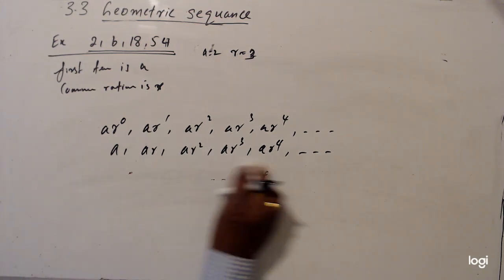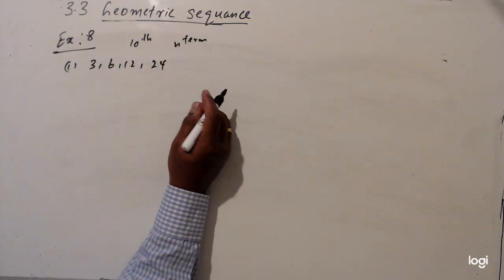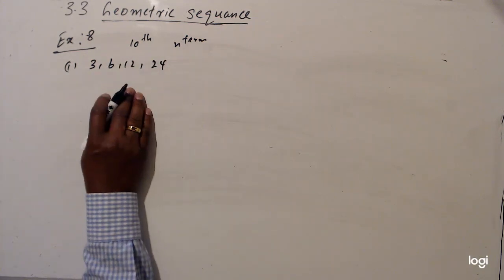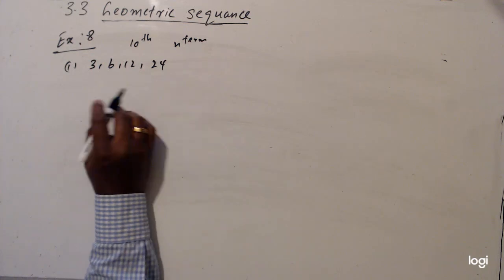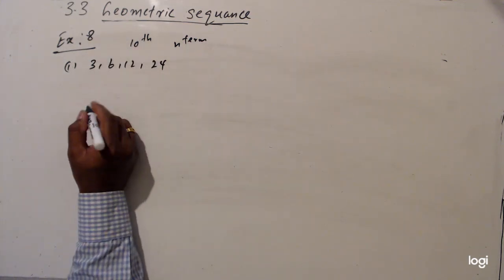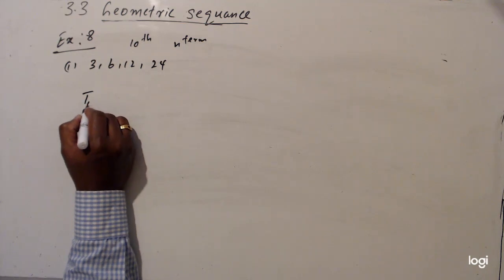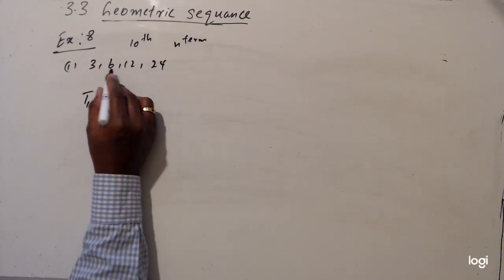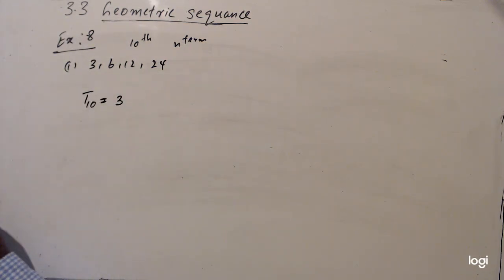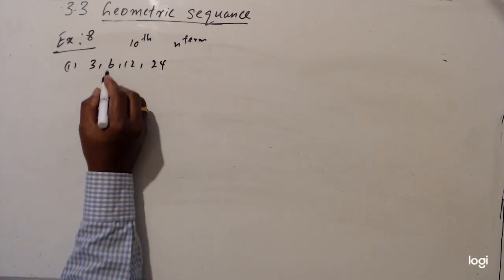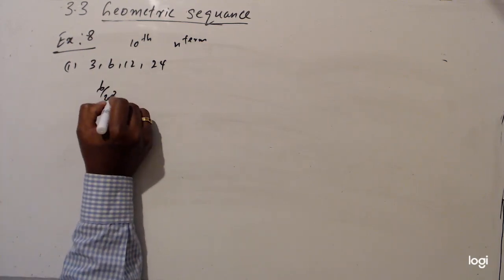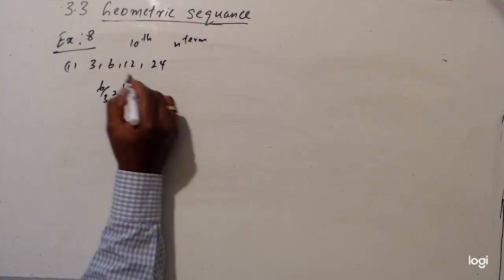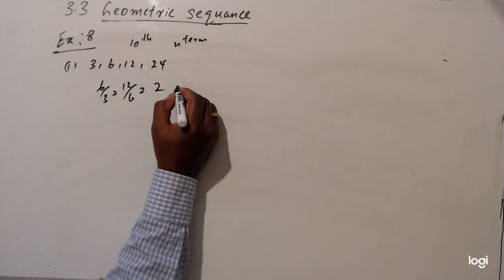Let's discuss example 8 in the book. Example 8, we have to write the 10th term and nth term of this sequence and another sequence. So what is the 10th term? So term 10 is, we know that we need the first term and we need the common ratio. Actually, we'll find the common ratio first. 6 divided by 3 equals 12 divided by 6 equals 2. So the common ratio is 2.